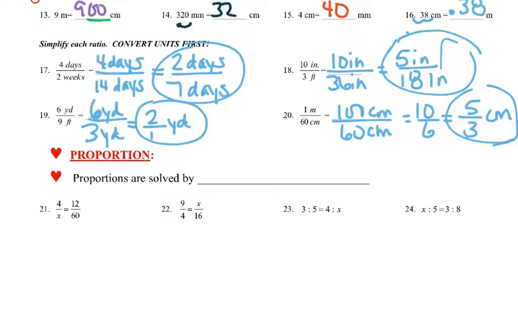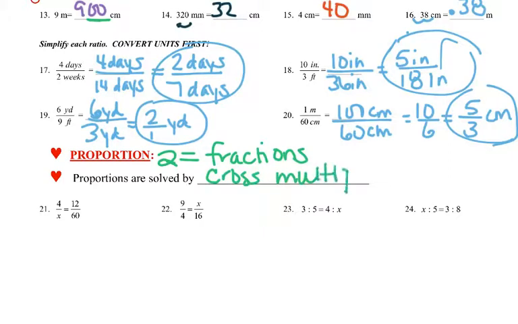The last thing we're going to talk about is a proportion. A proportion is 2 equal fractions, or 2 equal ratios, and we solve proportions by an old friend. Do you remember? Cross multiply, aka the butterfly method. 12 times x equals 60 times 4.